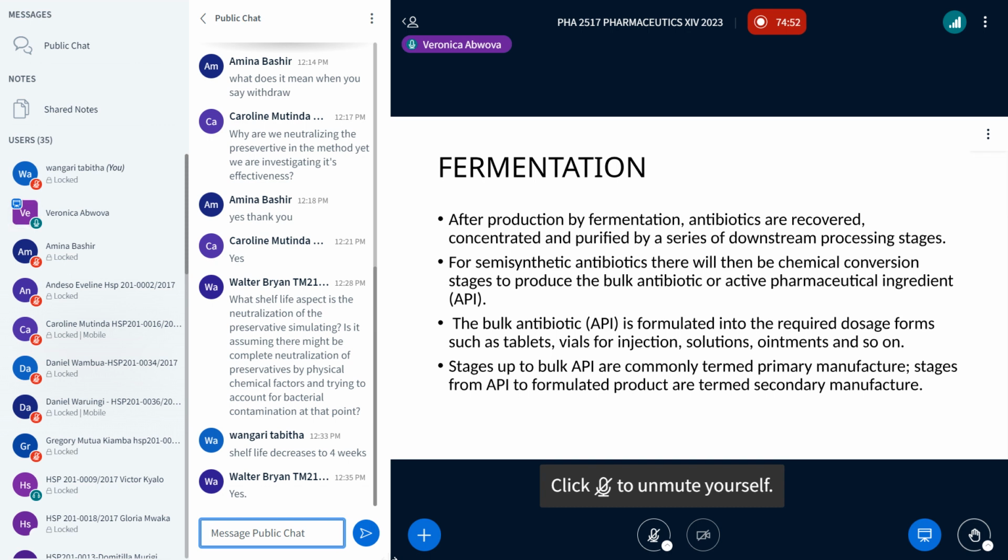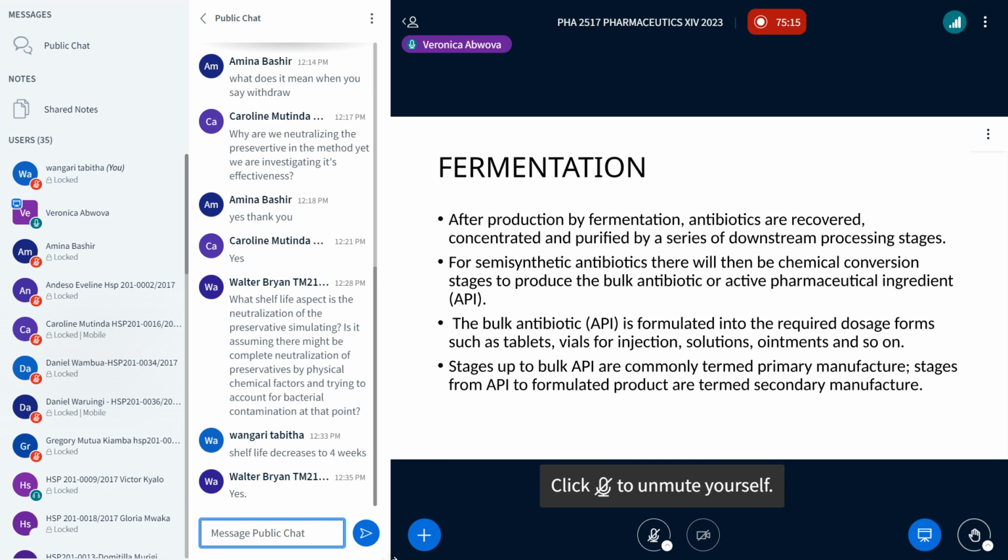After production by fermentation, antibiotics are recovered, concentrated, and purified by a series of downstream processing stages. For semi-synthetic antibiotics, there will then be chemical conversion stages to produce the bulk antibiotic or active pharmaceutical ingredient.